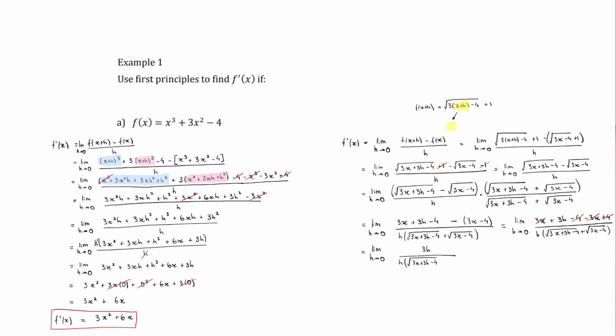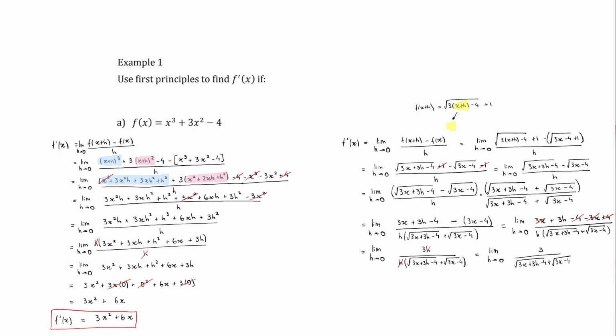And here again, I am able to cancel out the h in the numerator and the h in the denominator to get to a final expression, the limit of 3 over the square root of 3x plus 3h minus 4 plus the square root of 3x minus 4.